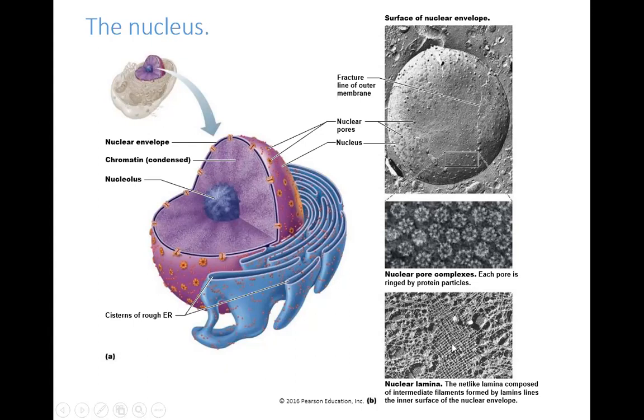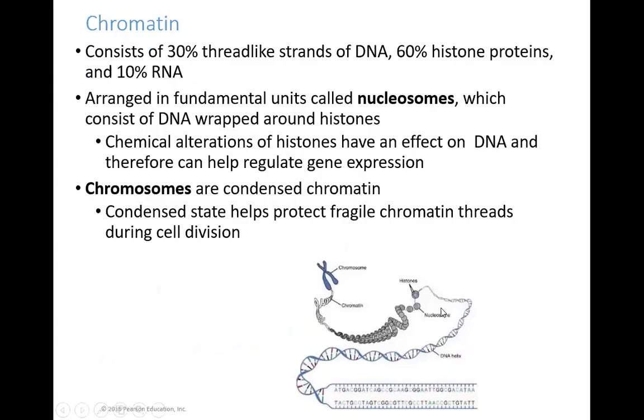There is a network of filaments that give the nucleus its shape. That's what we call the lamina, down at the bottom image there. But the main thing about the nucleus is all the DNA contained in there, the chromatin. Chromatin is 30% DNA, 60% histone, and 10% RNA. Now remember, the DNA molecules are about, each strand is about 6 feet long, and it's very fragile.